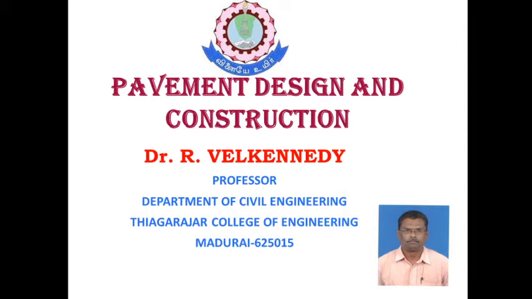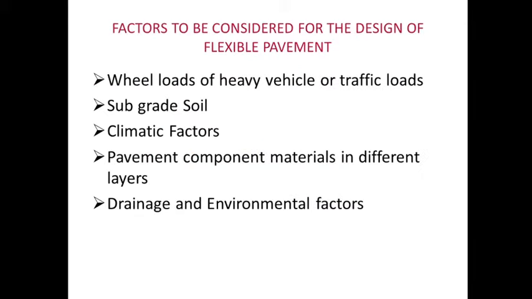The factors to be considered for the design of flexible pavement are the wheel load of heavy vehicles or traffic loads. For example, Chennai Metropolitan alone has 40 lakhs of vehicles on road and new registration is around 3,000 vehicles per day. The next factor which affects the design of flexible pavement is subgrade soil.